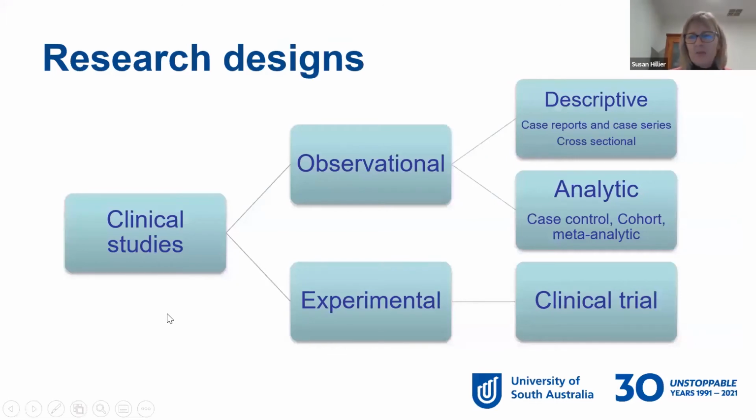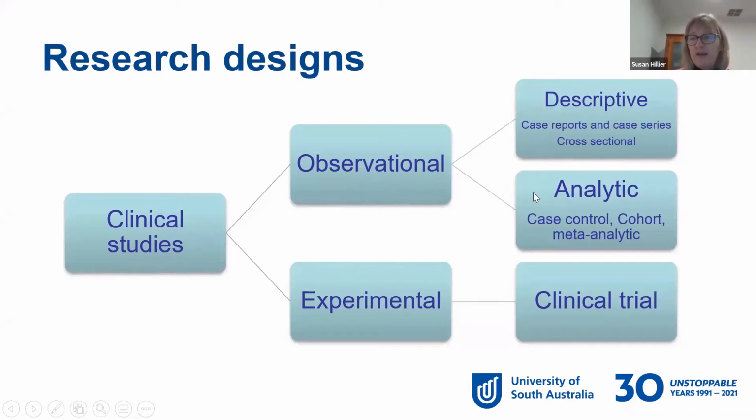So another way of conceptualising research designs in clinical studies in neurorehabilitation is to split them into observational or experimental. If we consider first the observational, here's where we have the descriptive studies, and the particular study designs in this instance classically include case reports, case series and cross-sectional, and I'll go through those directly.